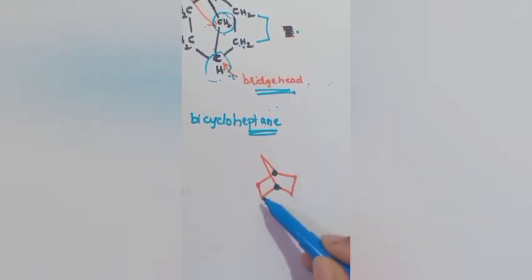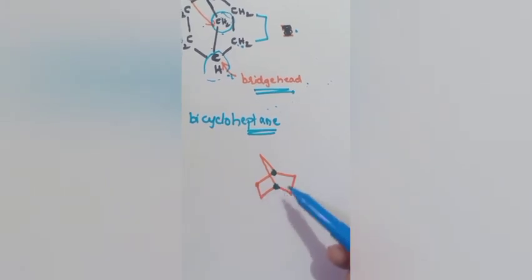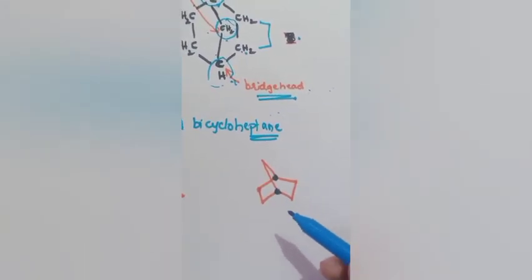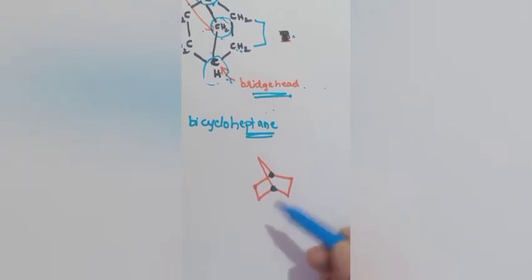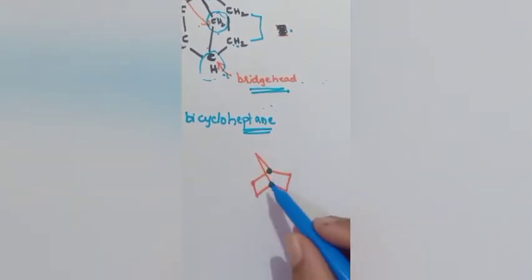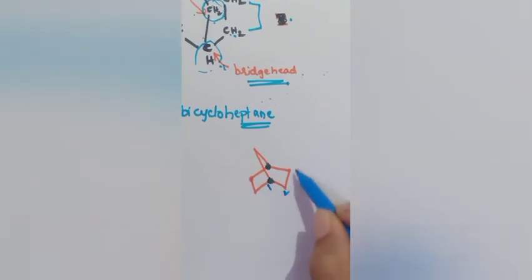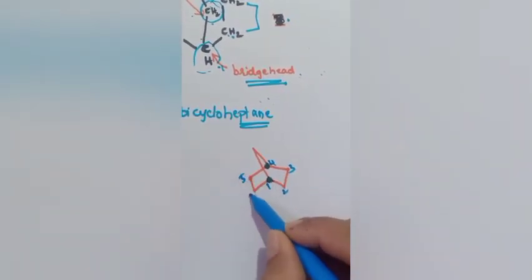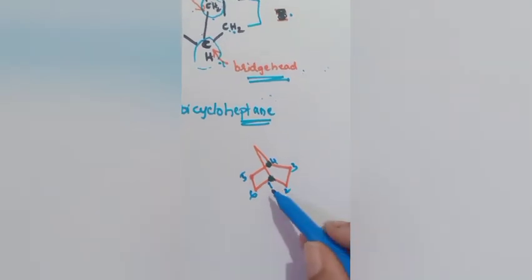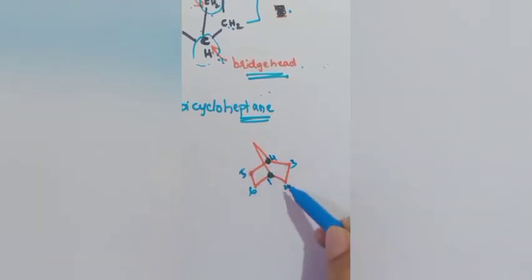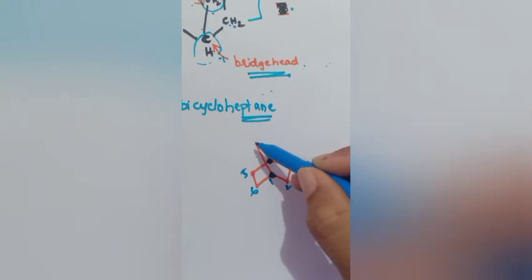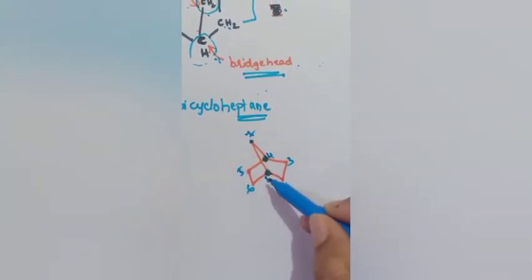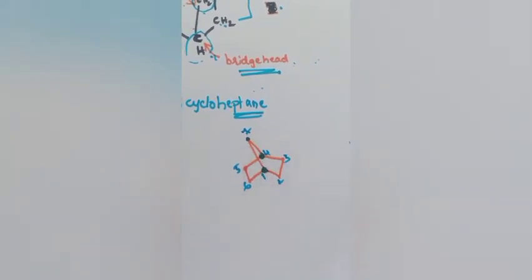So this is a symmetrical compound, and we can give the numbering from either way: 1, 2, 3, 4, 5, 6, and another one carbon atom is present here, which is 7. See here, 1, 2, 3, 4, 5, 6, 7.